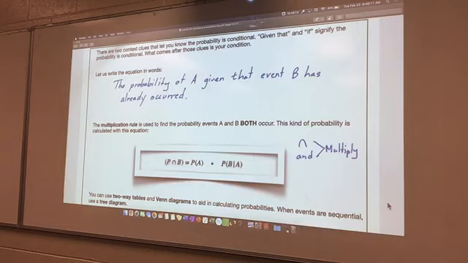And that should say, do you see how it has the P right here? That should actually be A right there, and the P should be on the outside because it's the probability of A and B, the intersection of them. So that's wrong.